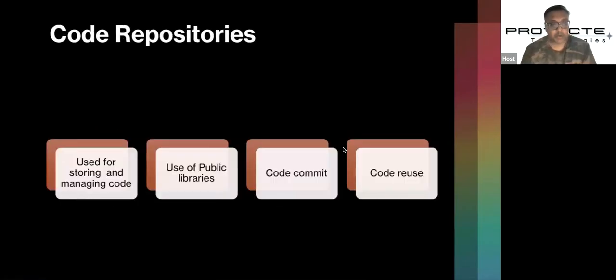I already told you about code repositories. Code repositories are a good practice for storing and managing code. They can give you public access or private access. Public access are public libraries, private access are private libraries. It gives you the capability to commit your code, meaning you can keep pushing your code and it keeps versioning your code.